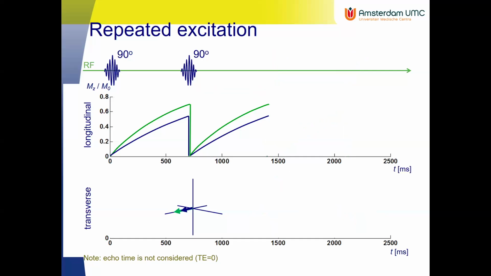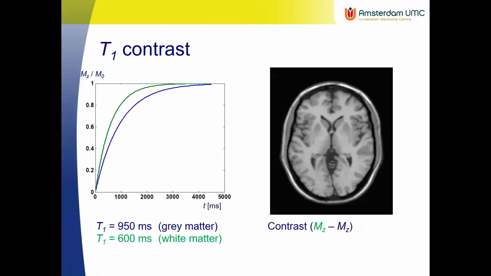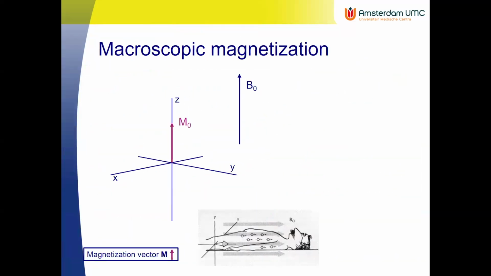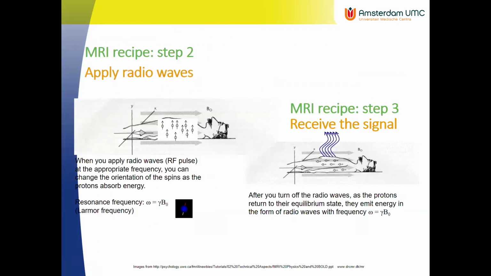So if I go back a couple of slides to the recipe, this signal here on the right hand side that comes out of the body is actually only the transverse magnetization.